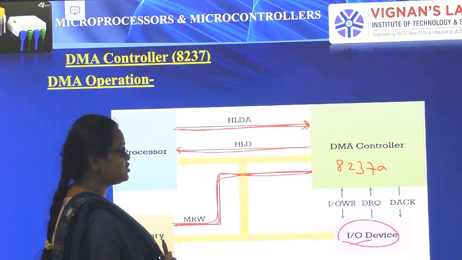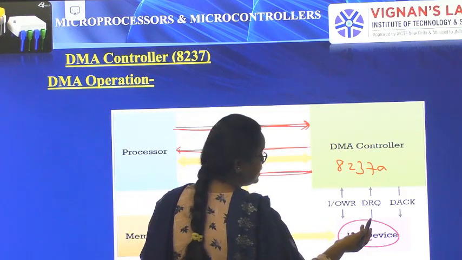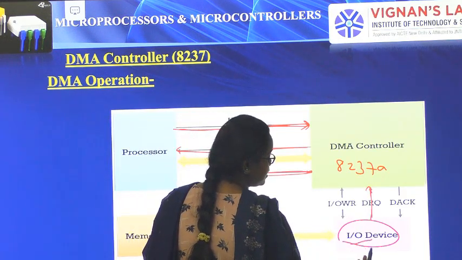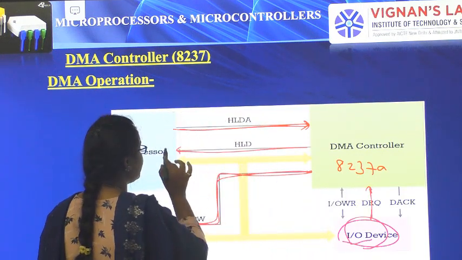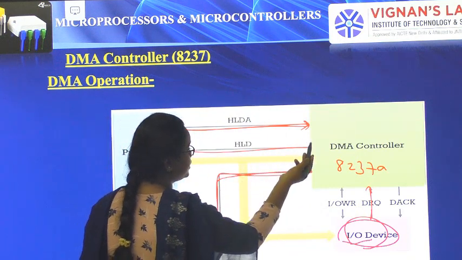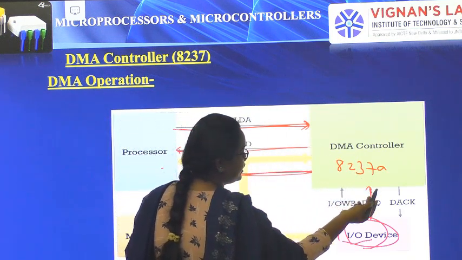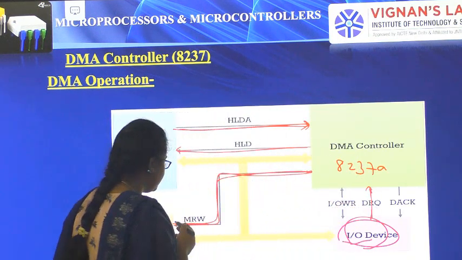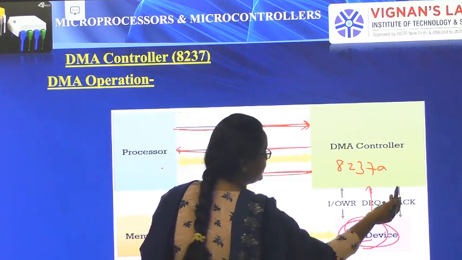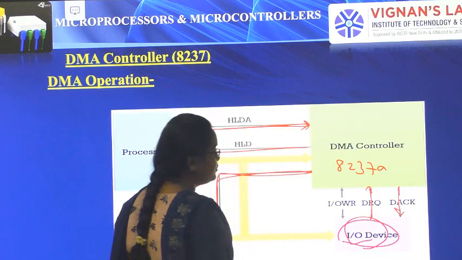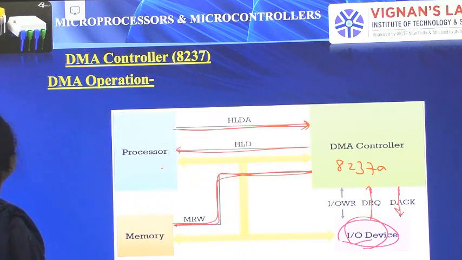So by using DRQ, the input output devices send a request to the DMA controller, and it asks the processor. Then the processor gives the hold acknowledgement to the DMA controller, and it handles all the operations normally handled by the processor for the memory, and it sends the acknowledgement to the input output devices. This is our DMA operation.